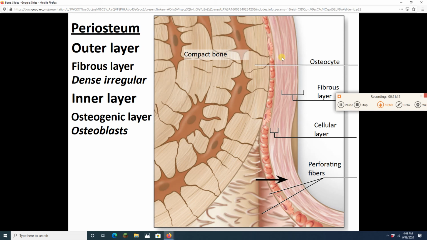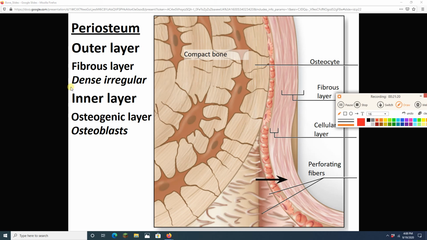It's called the fibrous layer because it is filled with fibers. In fact, it is good old dense irregular connective tissue. Dense telling me there are a lot of collagen fibers. And collagen fibers, of course, are really, really strong. And I need this strength because ligaments are going to grab onto the periosteum. Tendons are going to grab onto the periosteum. And they're going to pull on it with immense force.